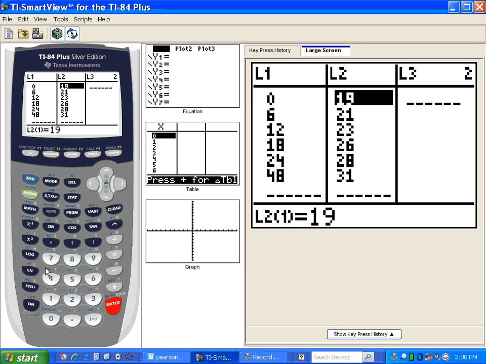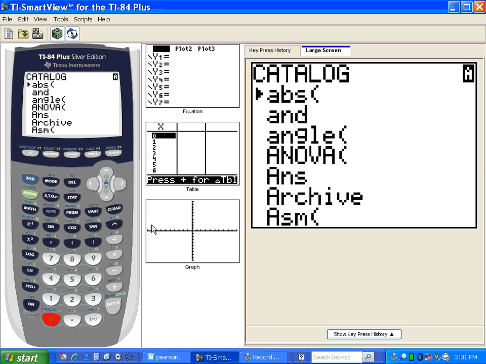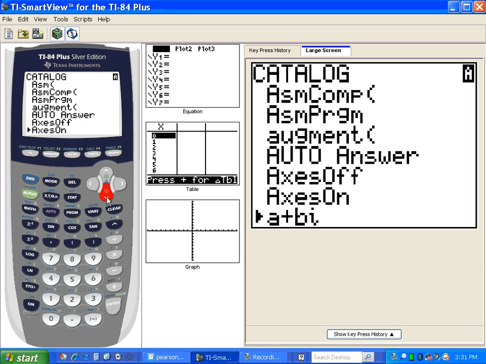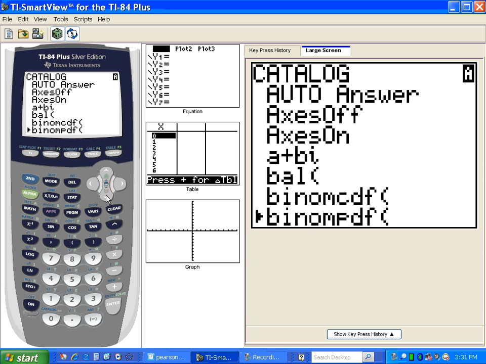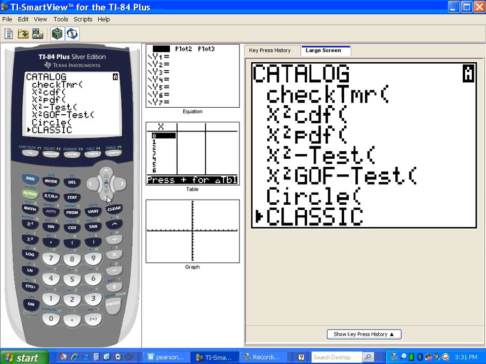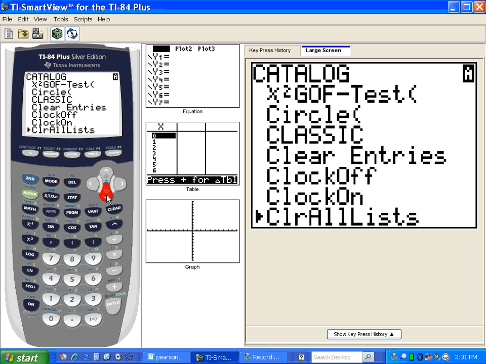So one of the first steps you want to do when you turn your calculator on is to make sure that the diagnostic tool is turned on. To do that, you're going to hit second and then 0 for catalog. And you're going to click down until you find diagnostic on. What this does is just turn on a certain part of the calculator so it knows to do a certain calculation.